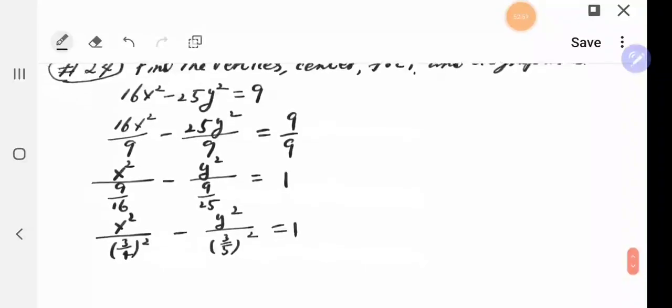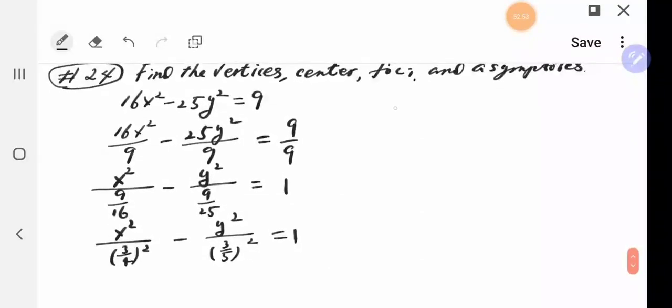Since x squared comes first, the graph looks like this, opening left and right like an x. There is no translation, so the center should be (0, 0).